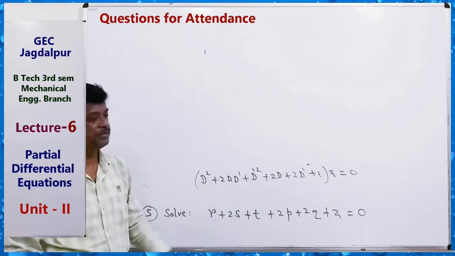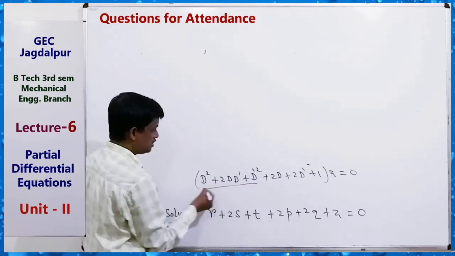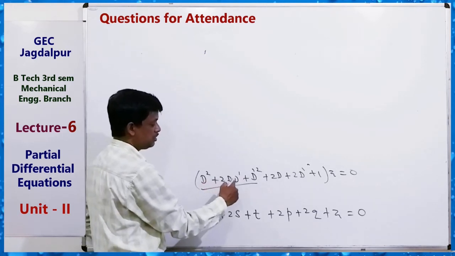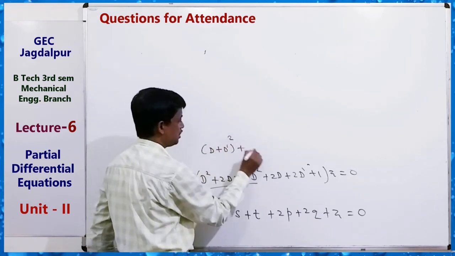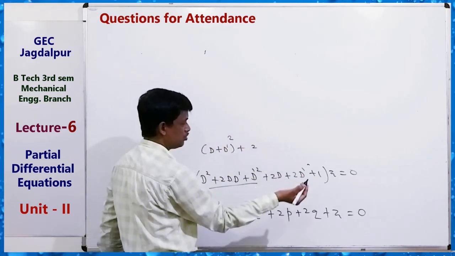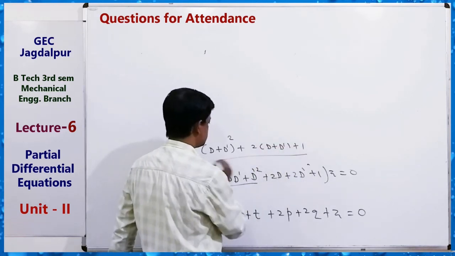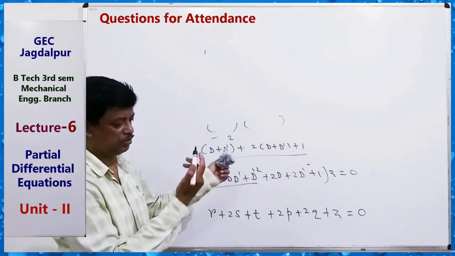So here this is f of d, d dash. Just try to factorize it. This is equal to what? d square plus 2 d d dash plus d dash square, means d plus d dash square, plus here 2 common, d plus d dash plus 1. Just try to factorize, and then you can write CF. That will be the complete solution.